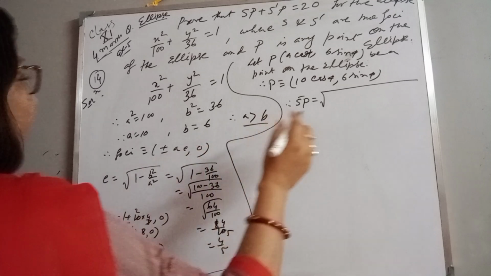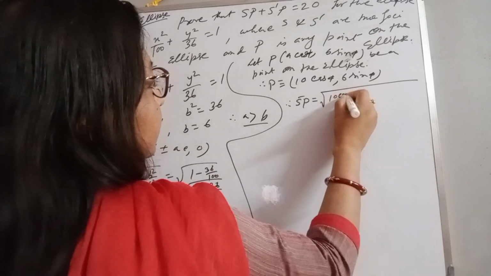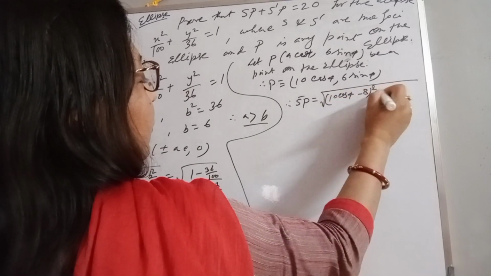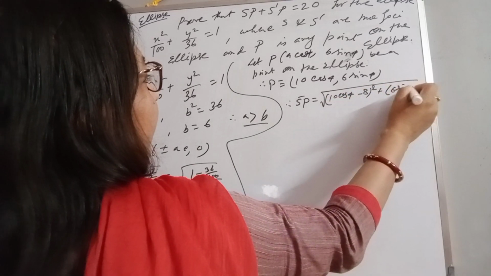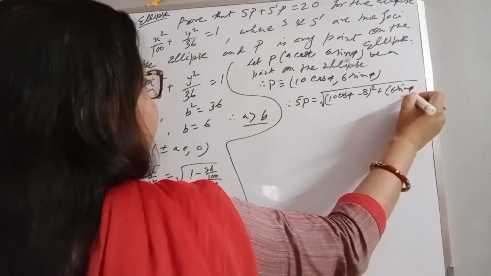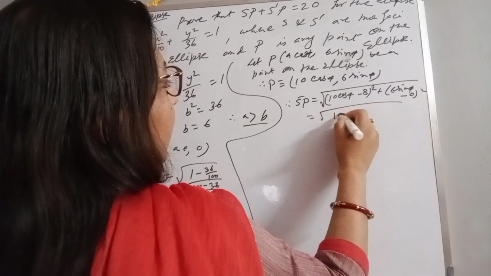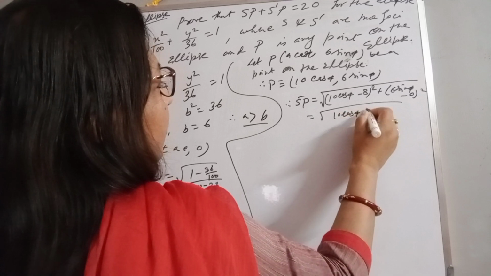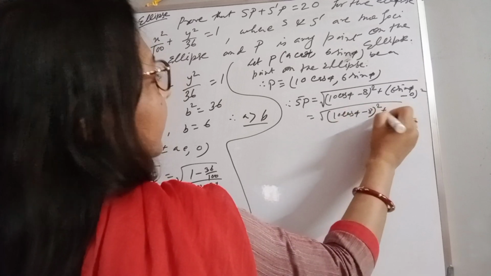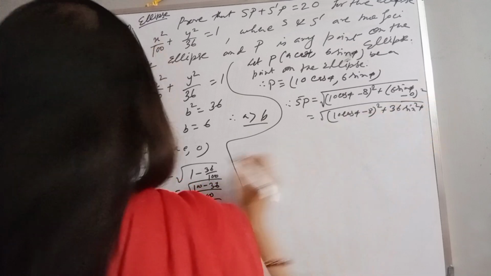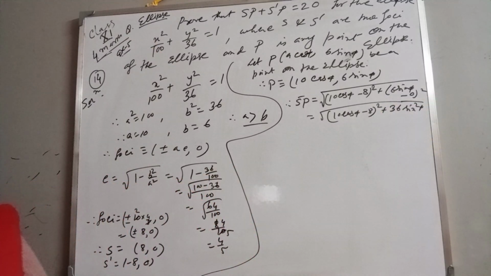So, 10 cos phi minus 8 plus 6 sin phi minus 0 whole square. So it is coming 10 cos phi minus 8 whole square plus 36 sin square phi. This is SP.